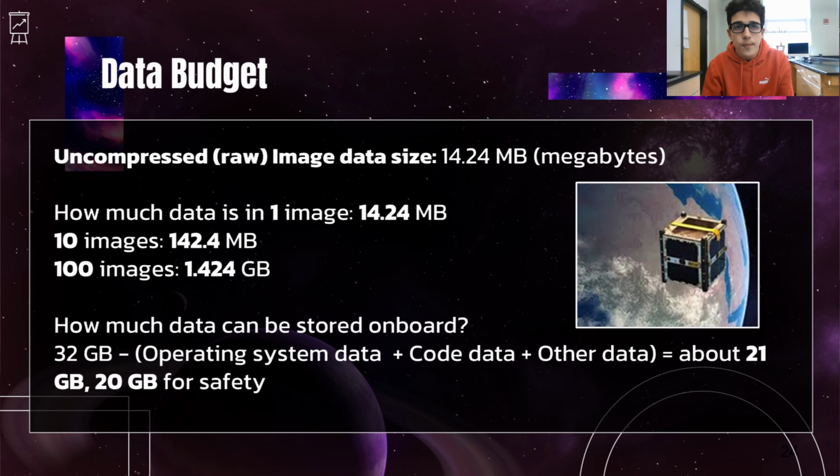Here is the data budget. The raw image data per image is 14.24 megabytes. This is based on the camera resolution and color values. Raw data of one image is multiplied by the number of pictures to get the total raw image data. Out of a total storage of 32 gigabytes, only 20 to 21 gigabytes can be stored due to the other data already stored on board for it to run, such as the operating system and code data.